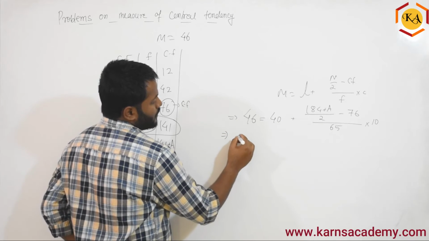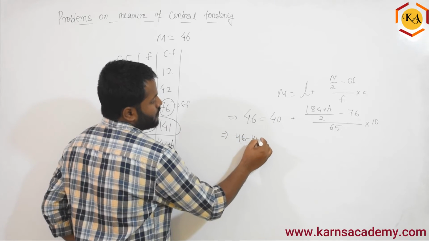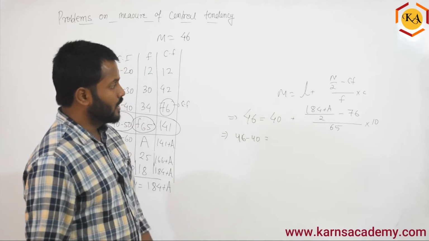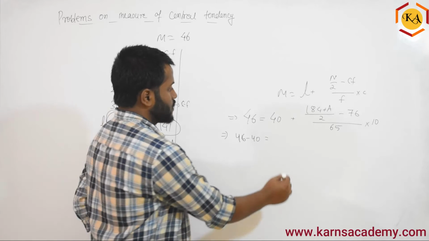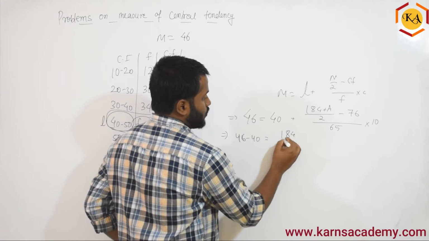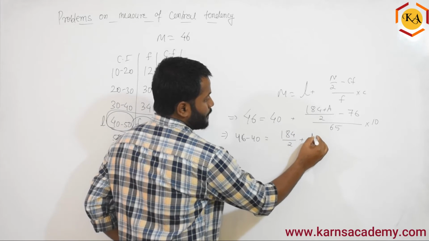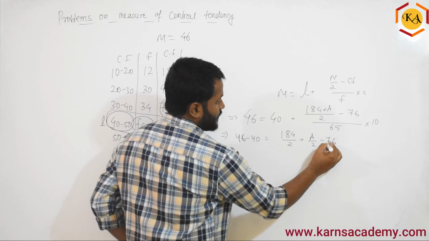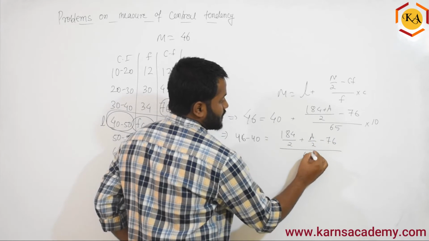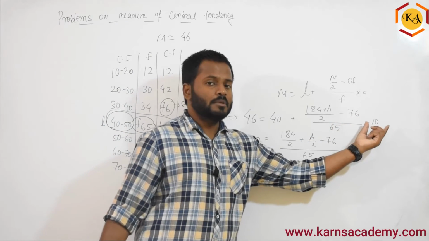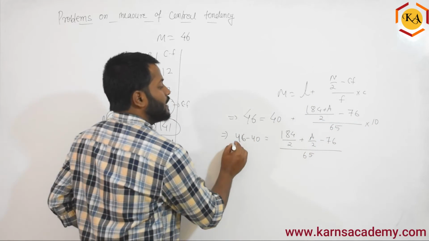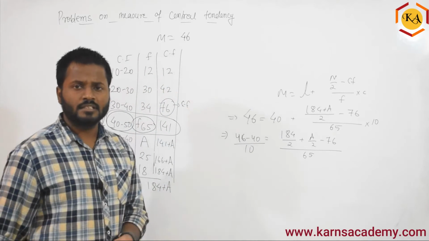So can I write 46 minus 40 equal to 184 by 2 and a by 2, so that will be easy? So here I am writing 184 by 2 plus a by 2 minus 76 divided by 65. This 10 is in multiplication. If I send it to this side, can I write it in division? I can write that, right?